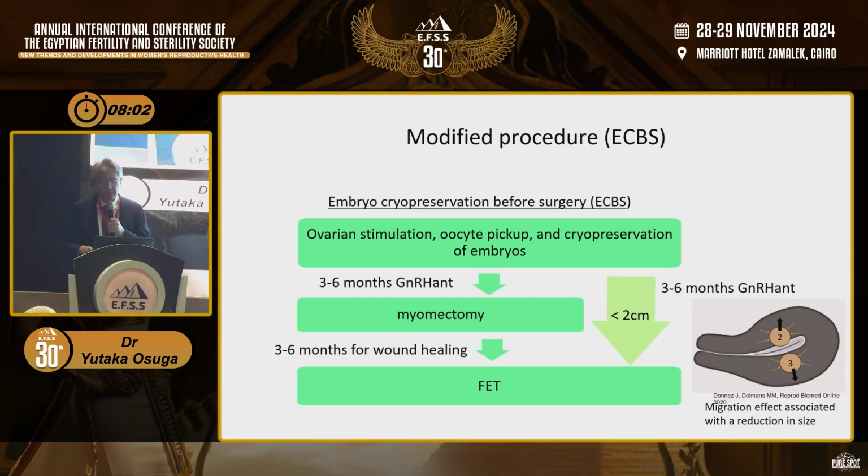Now we use an oral GnRH antagonist, which we have in Japan, instead of GnRH agonist injection. In Japan we have the GnRH antagonist relugolix, so we usually use relugolix. In addition, when the size of the fibroid becomes less than 2 centimeters during the treatment, we skip the surgery, since a fibroid of such size won't affect the pregnancy rate.